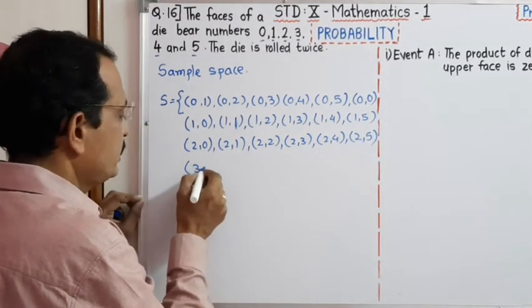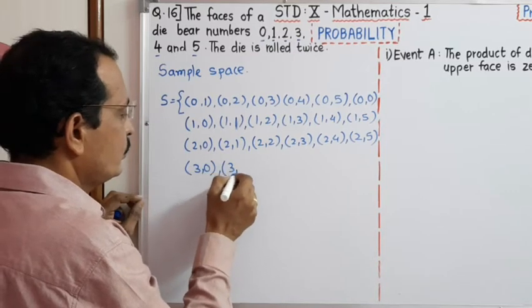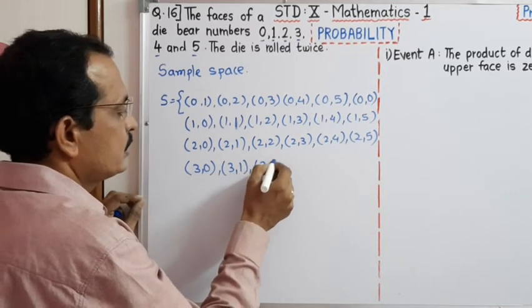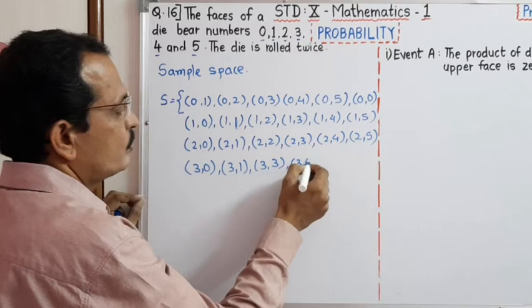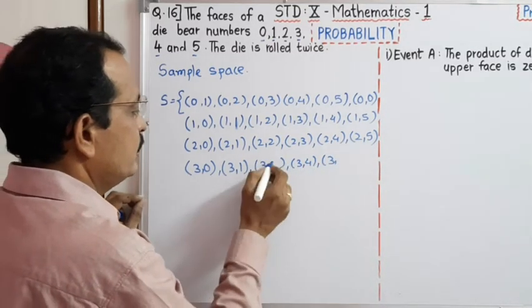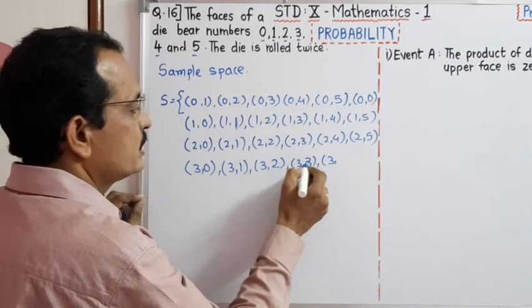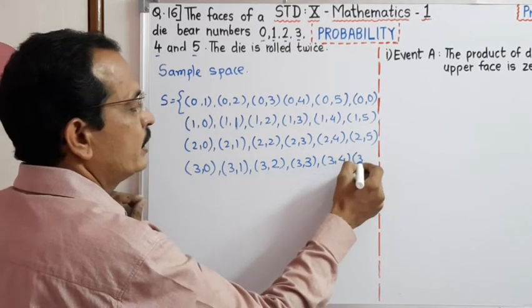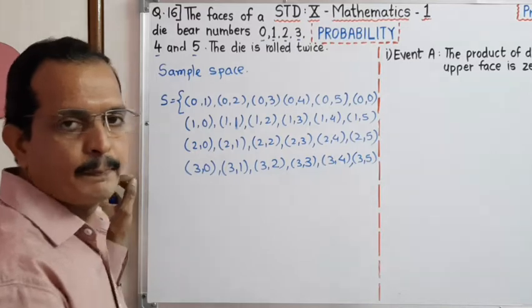Then 3, 0, 3, 1, 3, 2, 3, 3, 3, 4 and dear student it is 3, 5.